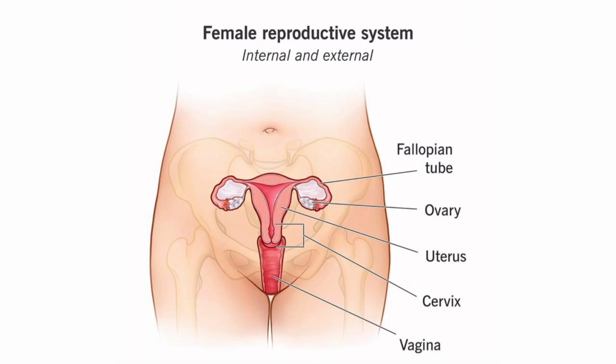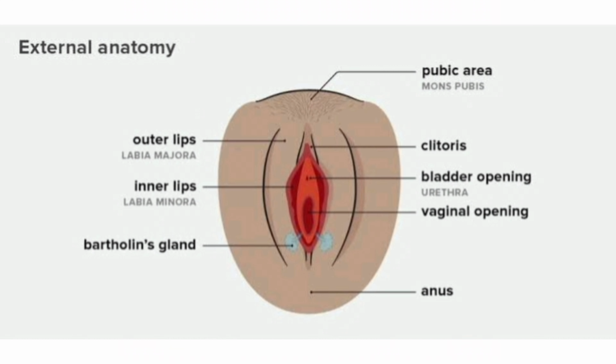This diagram shows the location of the reproductive system in females. Here we can see the external genitalia of women. The mons pubis is the pubic area where the pubic hair grows. Next, the outer lips or the labia majora, the inner lips, the labia minora, and the clitoris. The clitoris is a small sensitive organ which resembles the penis of the male.